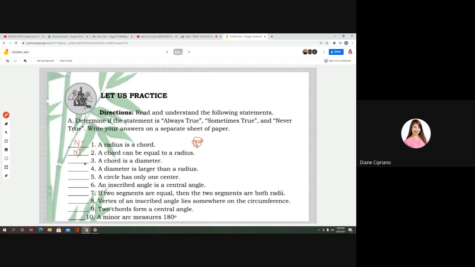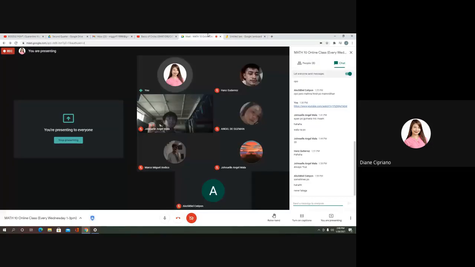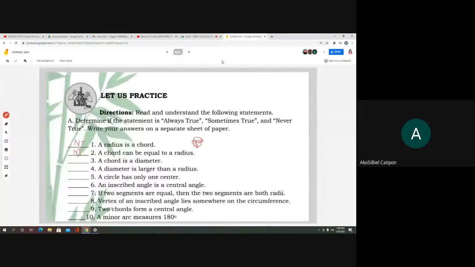How about number 3? A chord is a diameter. Yes, Biel. Never true po. Why? A chord is not a diameter, but a diameter can be a chord. Tama ba yun?